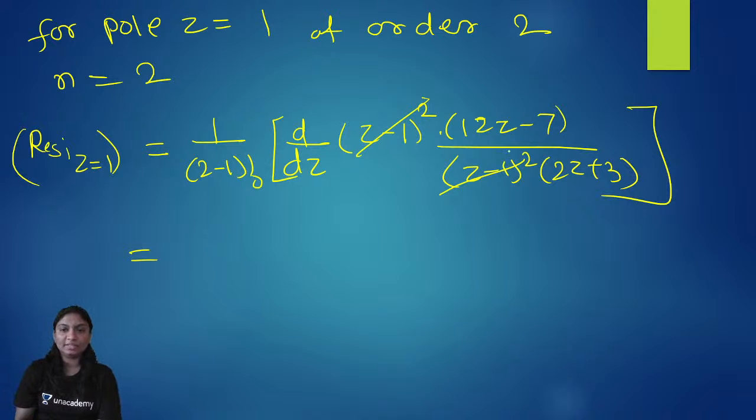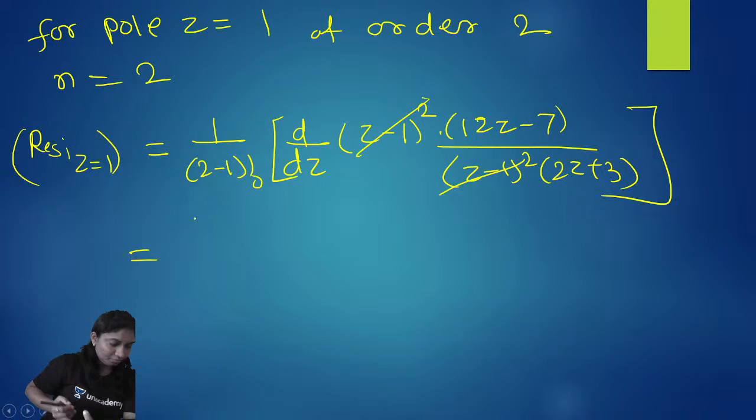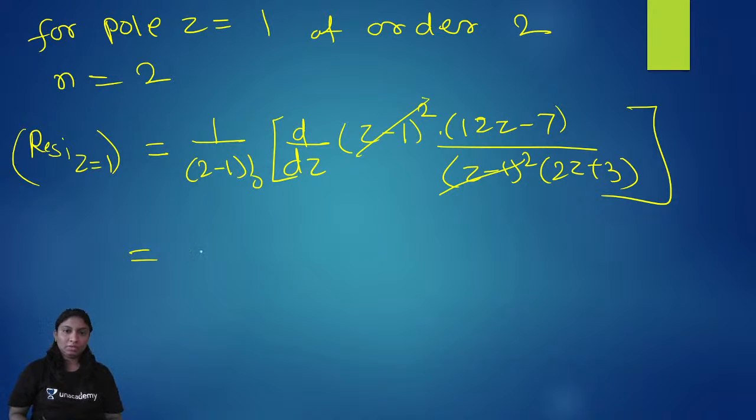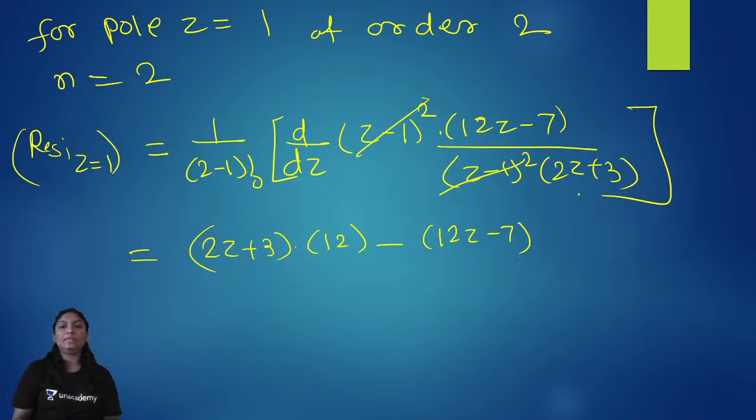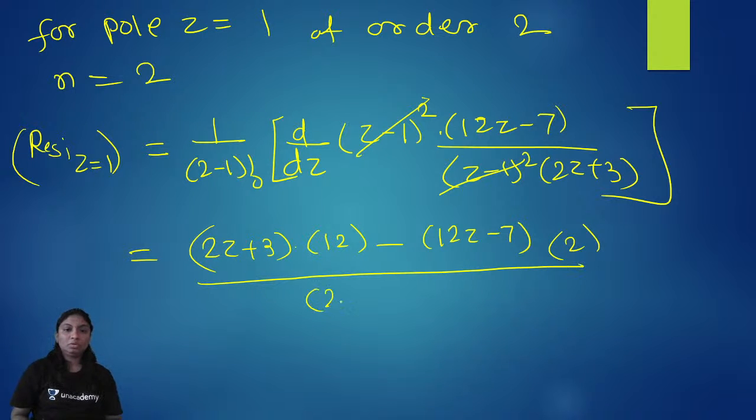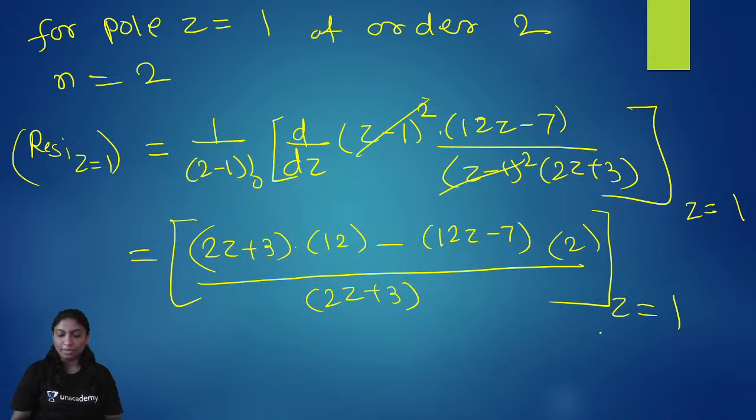So d by dz of this: (2z plus 3) into the derivative of 12z minus 7, minus (12z minus 7) into the derivative of 2z plus 3, upon (2z plus 3) whole square, at z is equal to 1, right? At z is equal to 1 you will get this.